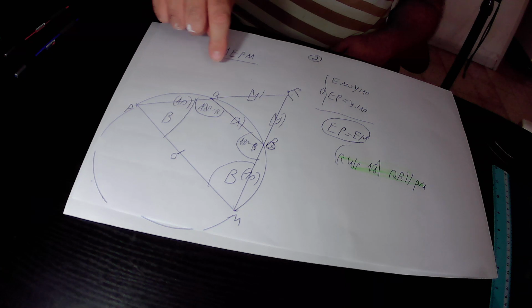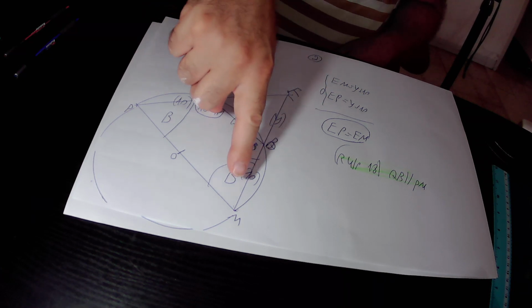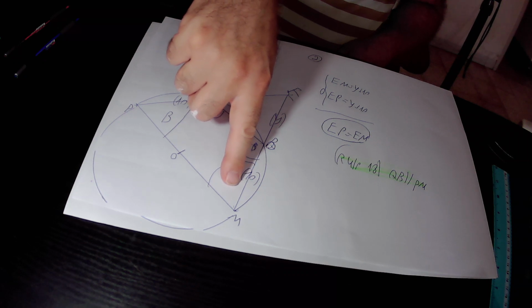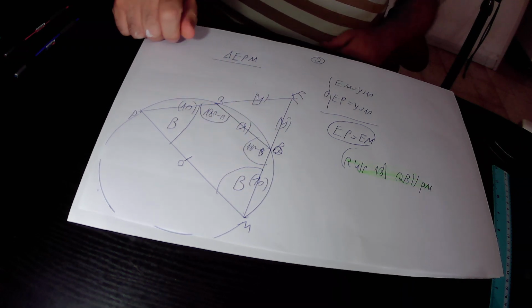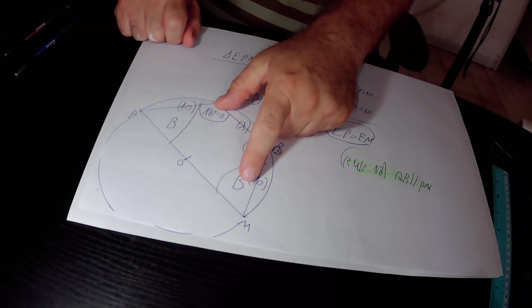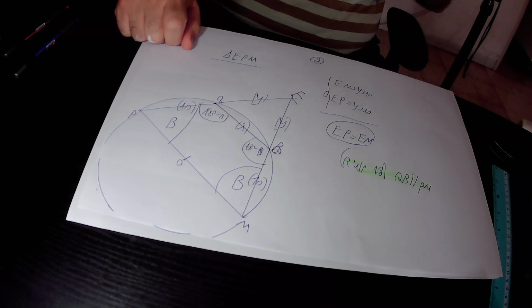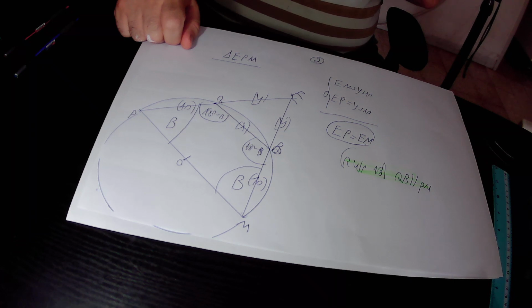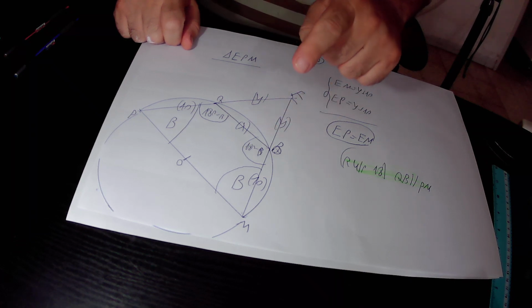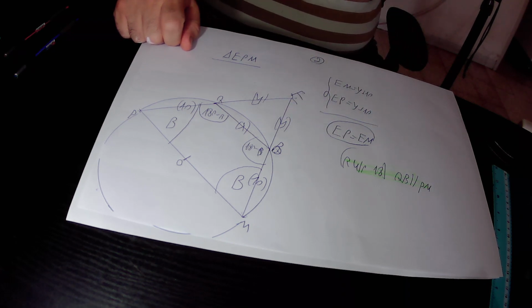But this angle equals beta, so angle beta plus this missing angle in total must be equal to 180 degrees. Therefore this missing angle must be equal to 180 degrees minus beta. Why? Because 180 degrees minus beta plus beta is 180 degrees. That is the sum of two opposite angles in quadrilateral PQBM that is inscribed in a circle.